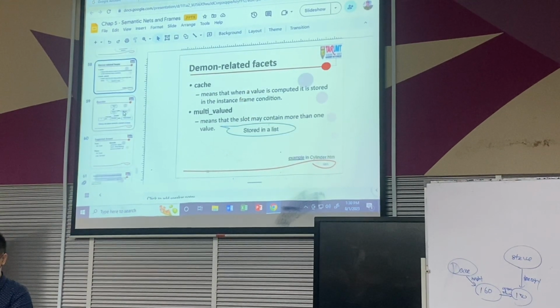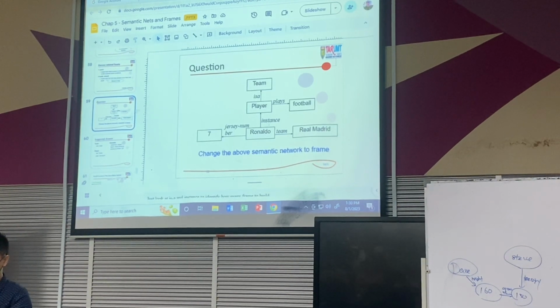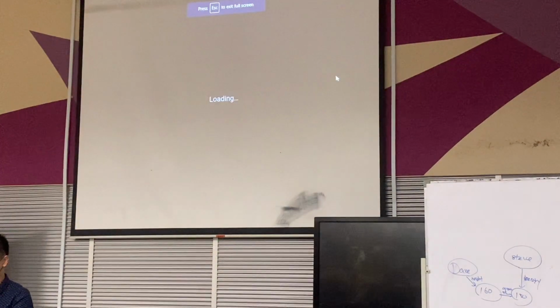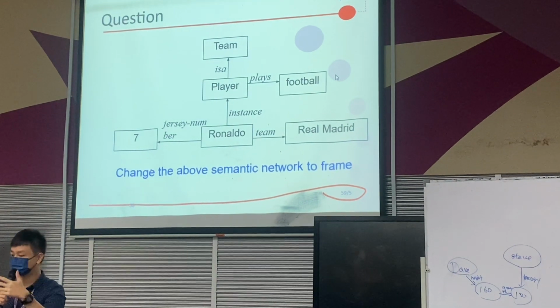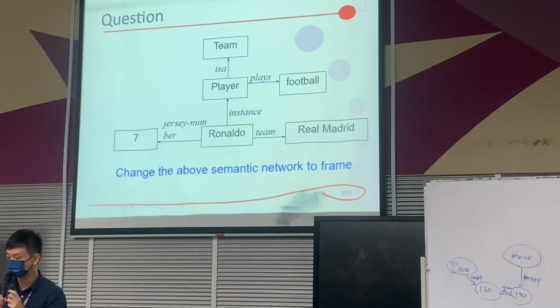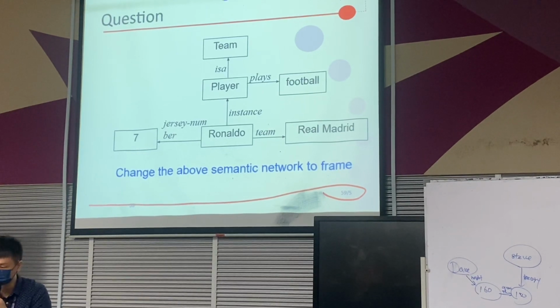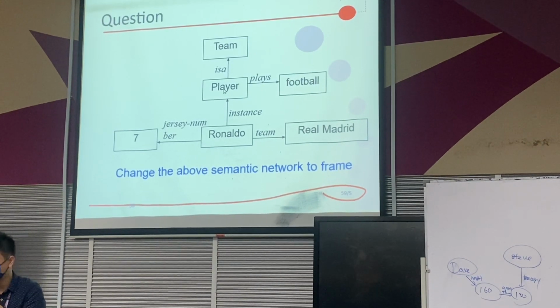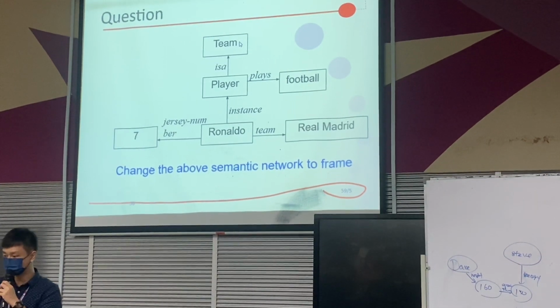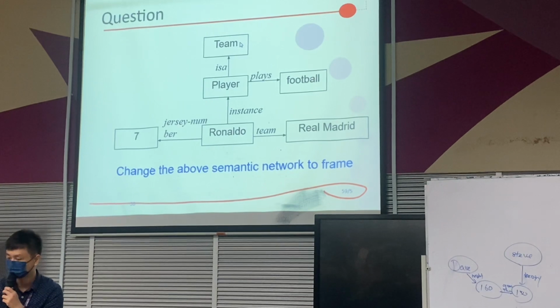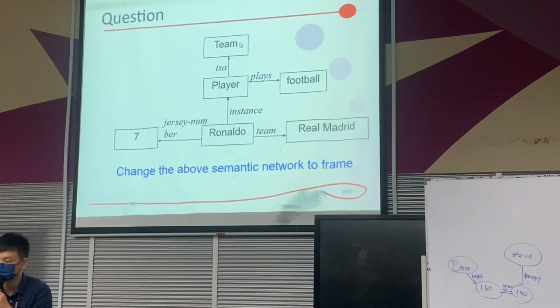Okay, let's continue. Sometimes you may need to convert or transform the semantic networks to frames. For example, in this case, you have a semantic network: a player is a team, and another example is Ronaldo. Players play football. So you have to convert this semantic network into frames. How to convert? It's very simple.